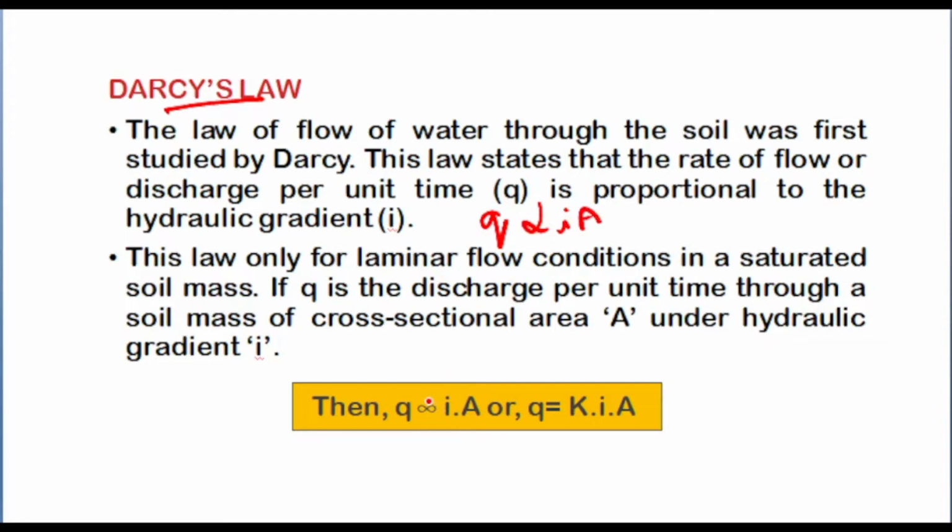So if I want to remove this proportionality sign, then what I have to do is insert a constant K over here. So his law states that Q is proportional to I into A, which becomes Q is equal to KIA.